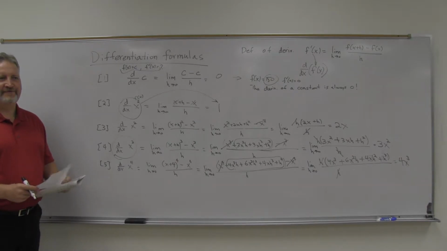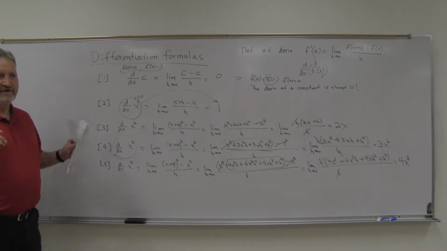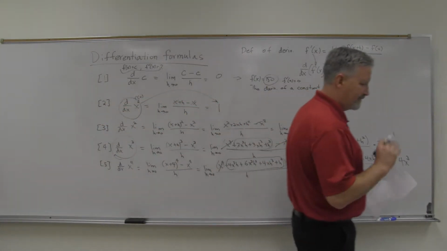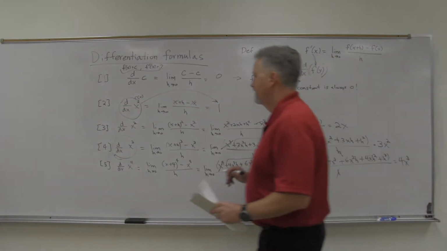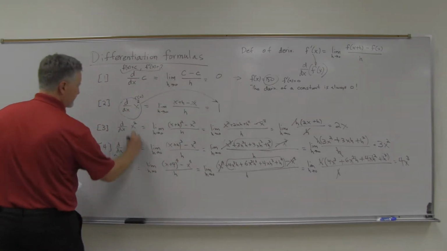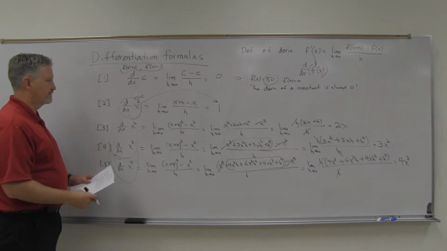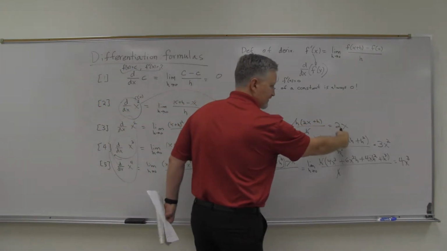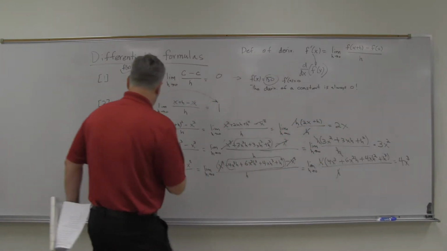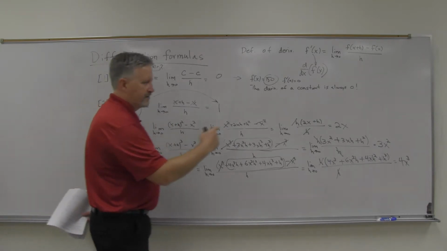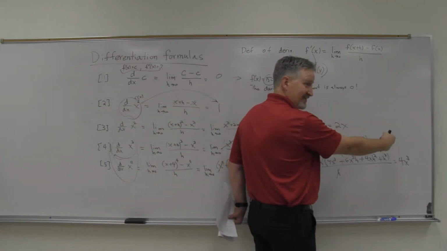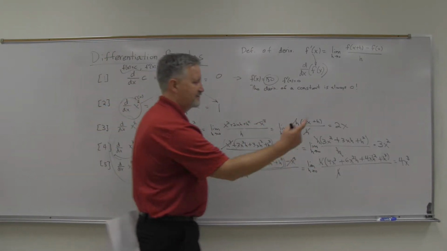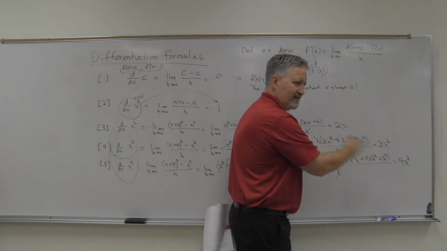All right, so there's a pattern here, and if you know it already, don't let it out. But let's notice here, specifically on these three. If we've got x squared, the derivative is 2x. If we've got x cubed, the derivative is 3x squared. And then the derivative of x to the fourth is 4x cubed, based on the definition.